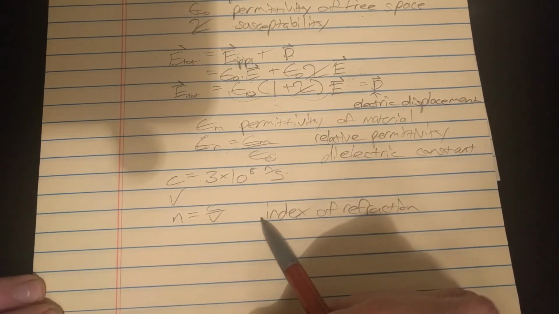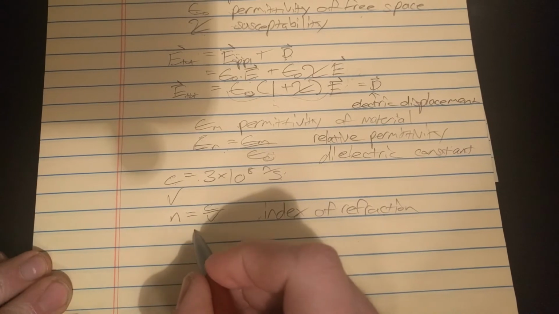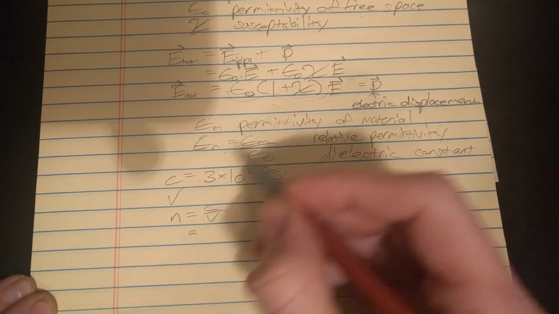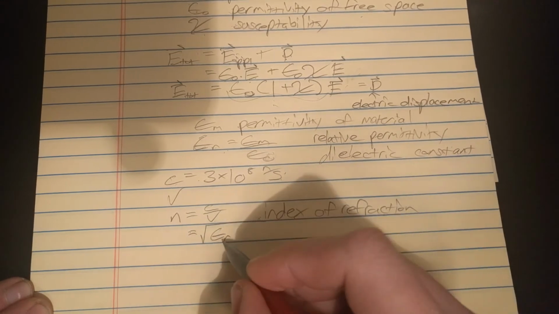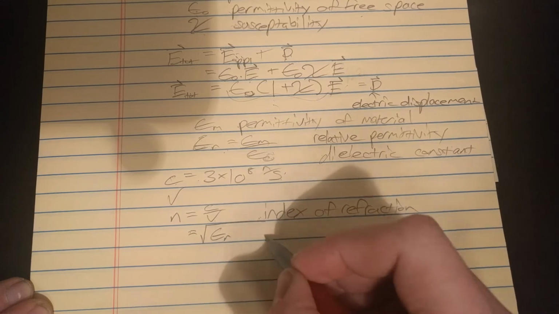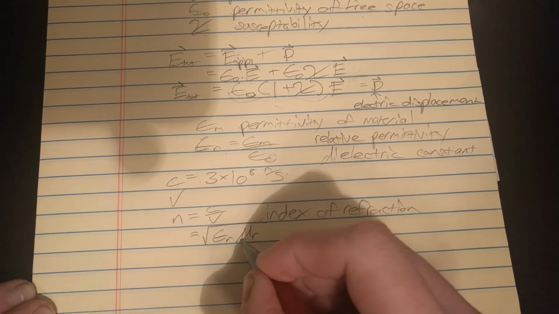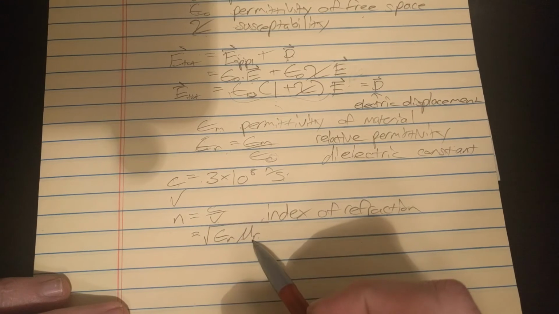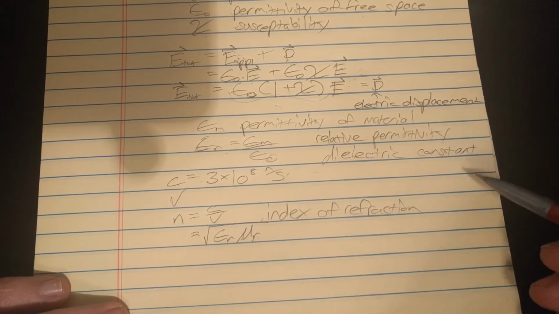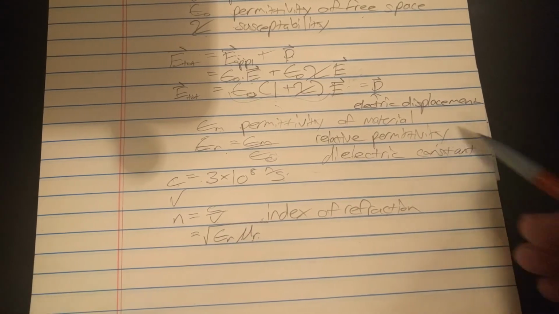One of them is that a wave can have a group velocity and a phase velocity, but we won't get into that. And this n is related to the constants we've been talking about because it is the square root of epsilon r times mu sub r, the magnetic analog of this relative permittivity. All it is is the relative magnetic permeability, as it's called when you're talking about magnetic.